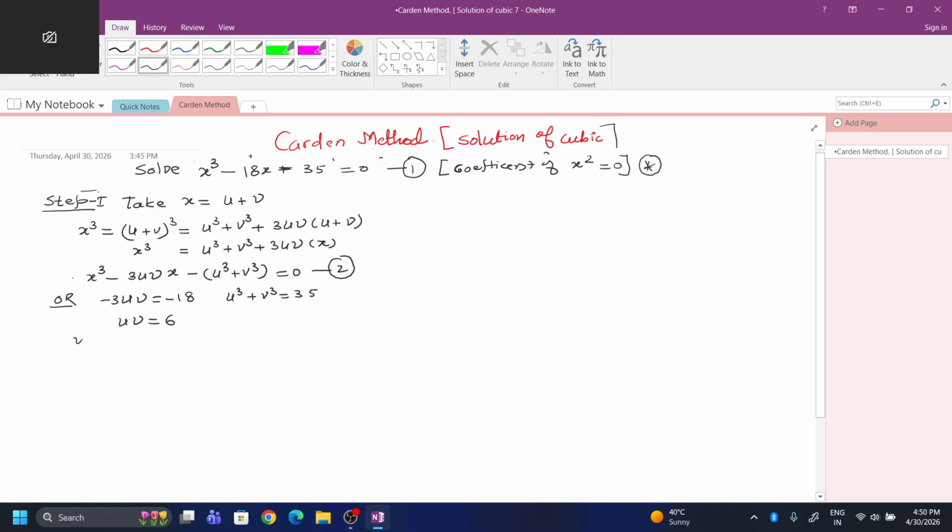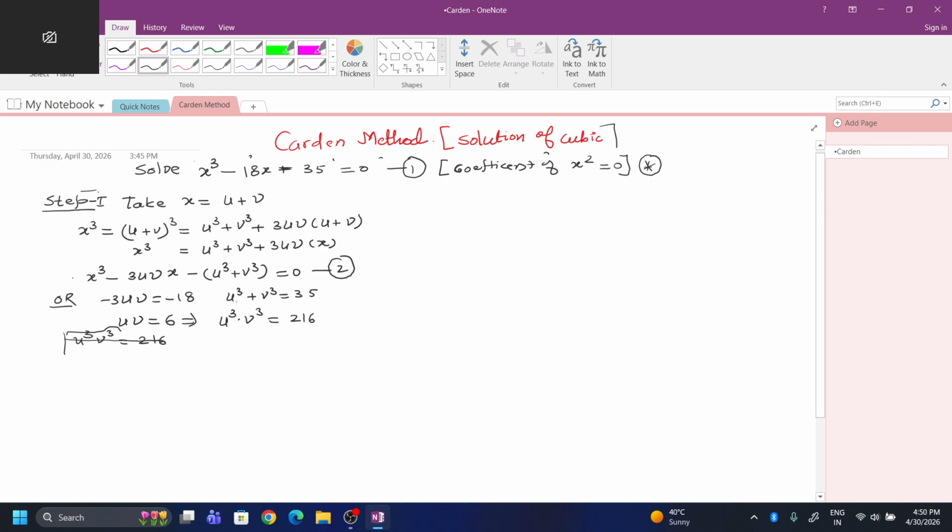Now, we find out u cube and v cube. If we find u cube into v cube, it is equal to 216.